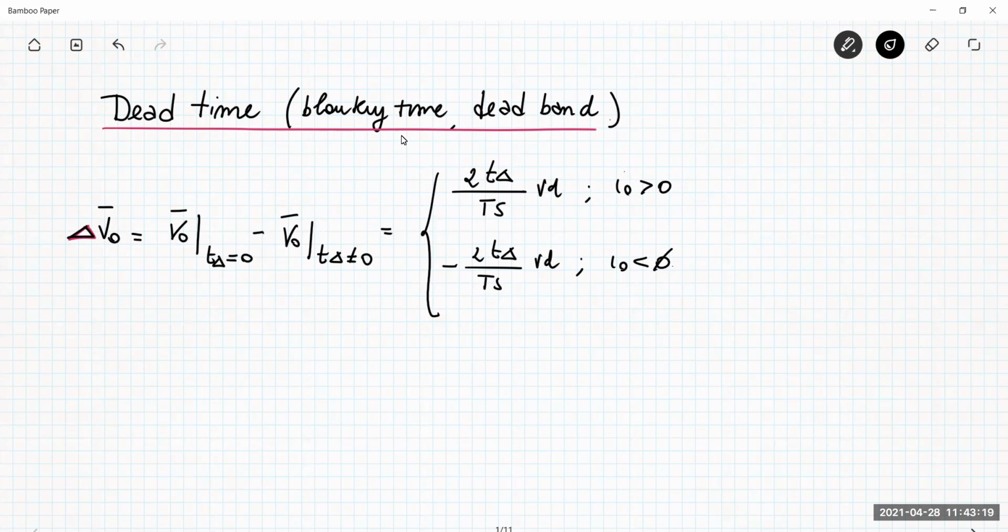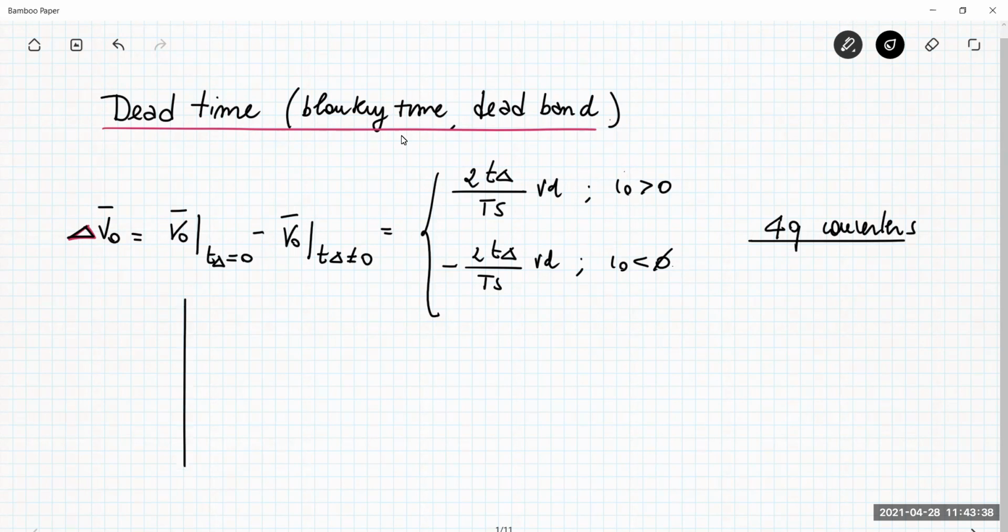Okay, in the full bridge, now we have two legs in parallel, so we have two half bridges in parallel, so we can derive easily. Okay, this is the four quadrant converter. The same results can also be reported into a graph of the output voltage average value and the control voltage.